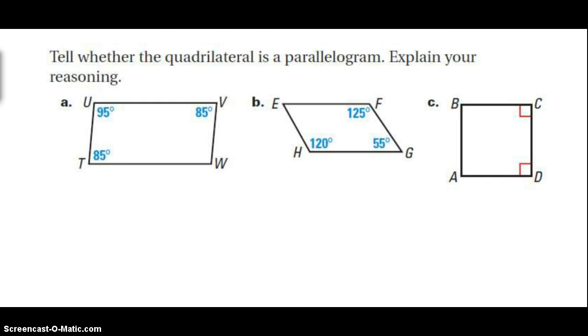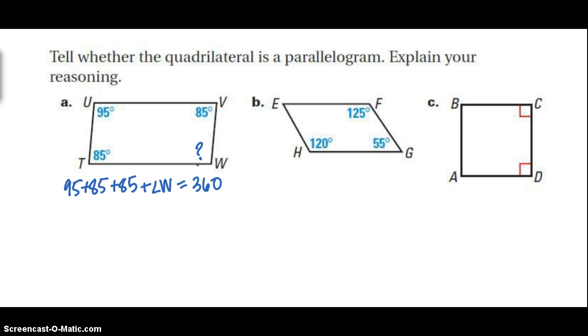Tell whether the quadrilateral is a parallelogram and explain your reasoning. So I would have to find out what angle W is. Well, how many degrees are in a quadrilateral? 360, right? So 95 plus 85 plus 85 plus angle W would have to add up to 360 degrees.